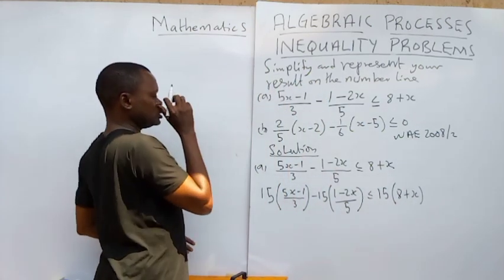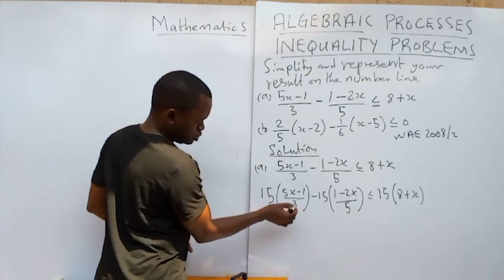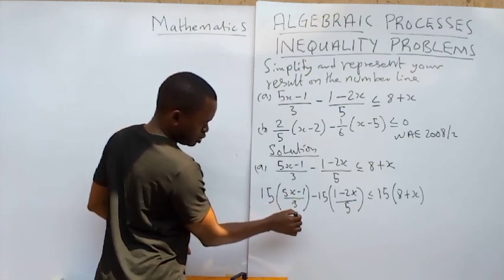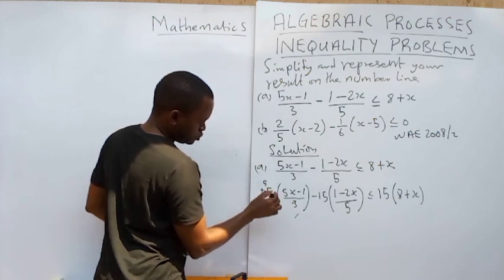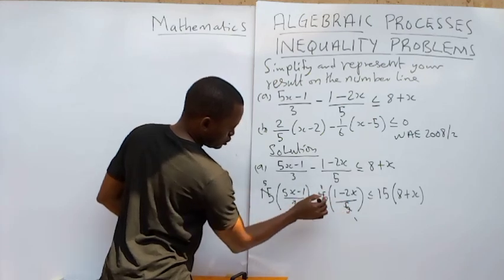So this is what I am going to do. If you look here, you realize that 3 will cancel itself here, 1 remains, and here 5 will cancel itself, and 1 remains here, 3.